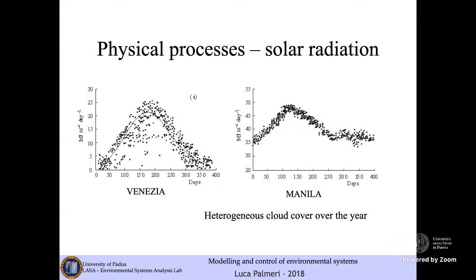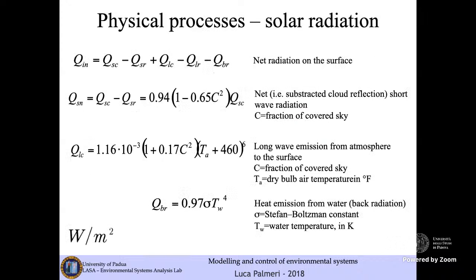In particular, you may include this effect due to a heterogeneous cloud cover over the year, and for doing this, we shall subdivide the solar radiation arriving onto the planet into different contributions.